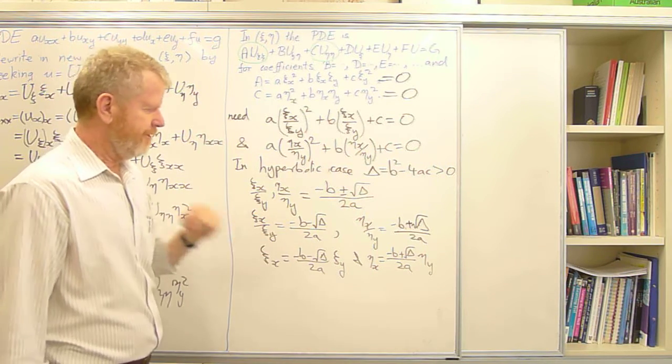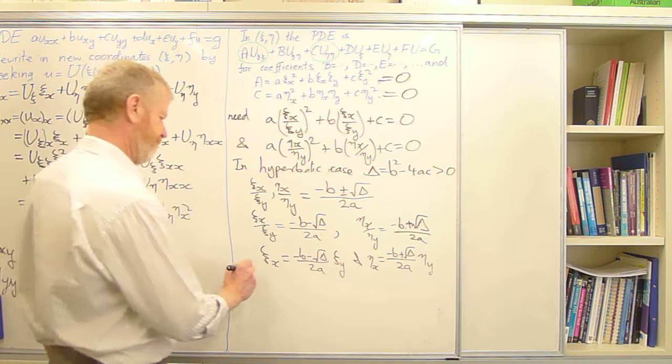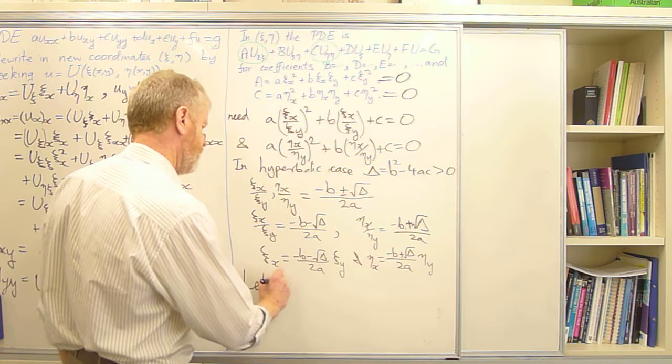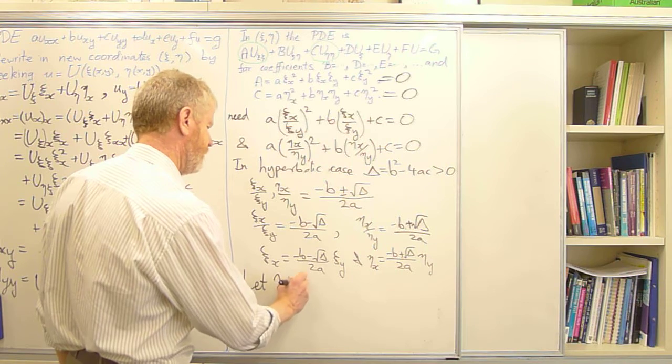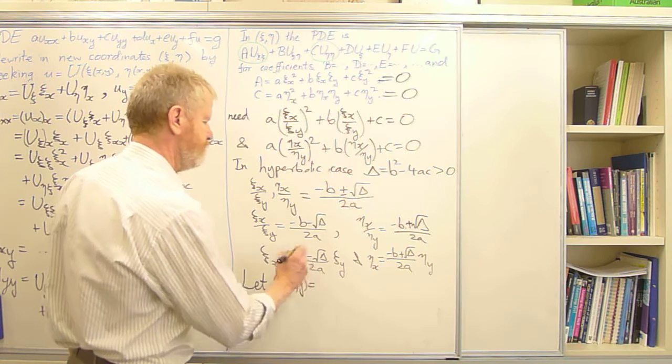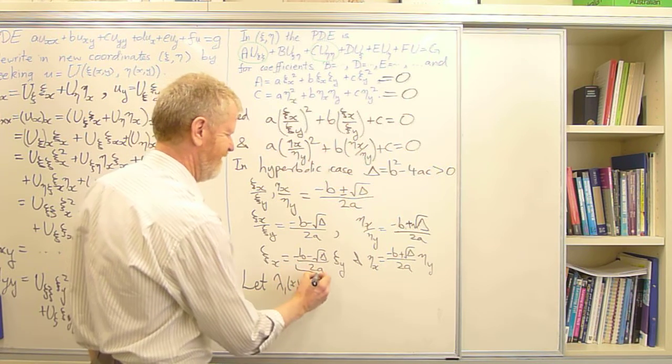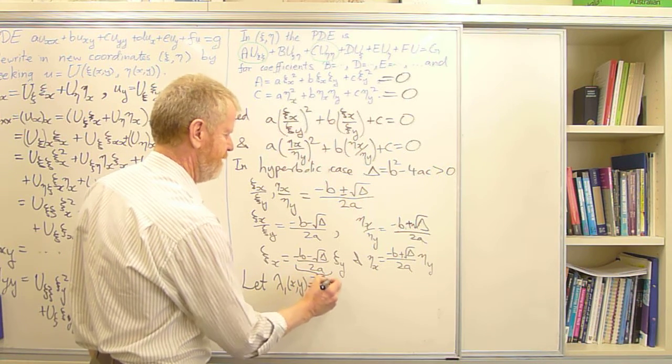Now let's rewrite these a little bit. We let lambda 1 of x and y be essentially the negative of this coefficient. I'll squeeze it in, minus lambda 1.